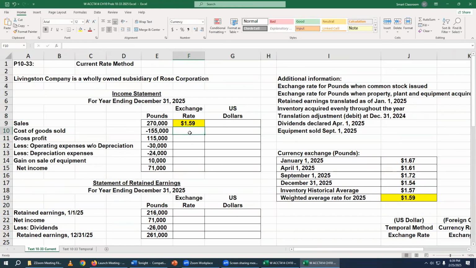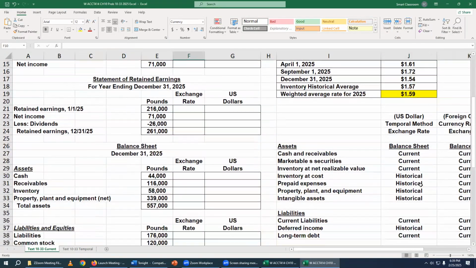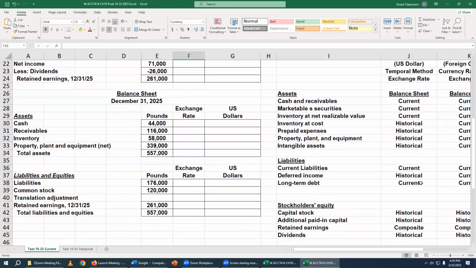Cost of goods sold. We're at the current method. Let's bring up the current method just for kicks here. We got the temporal method.